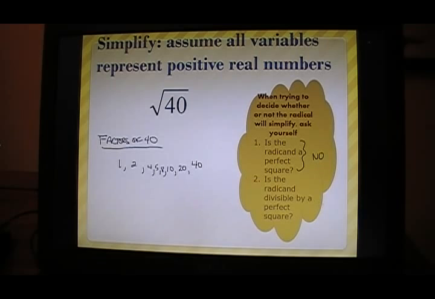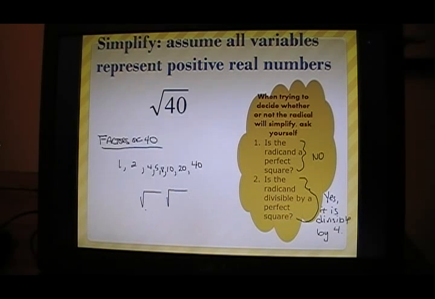Okay, so is this radicand divisible by a perfect square? Yes, it is divisible by 4. And so to simplify, anytime it's not a perfect square, but it is divisible, we always then split it into 2.